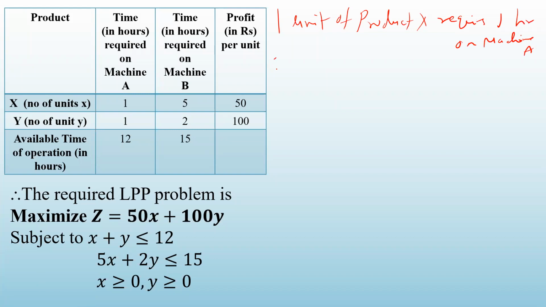Machine A. Therefore, x units of product X will require 1 into x. One unit takes 1 hour, 2 units will take 2 hours, 3 units 3 hours, x units will take 1 into x hours.